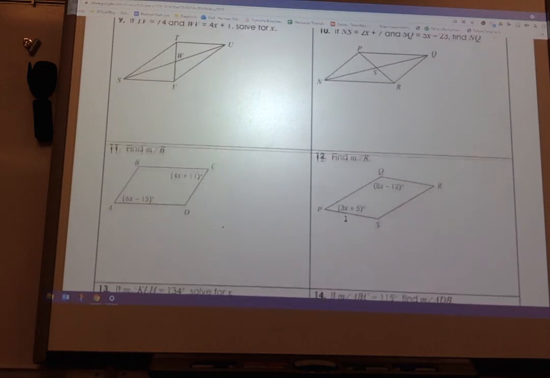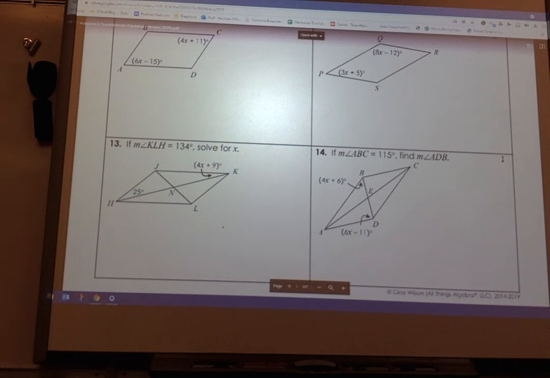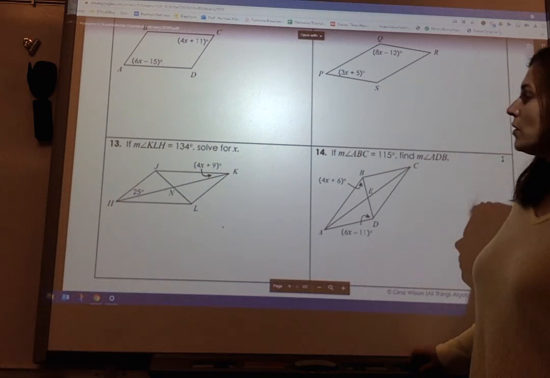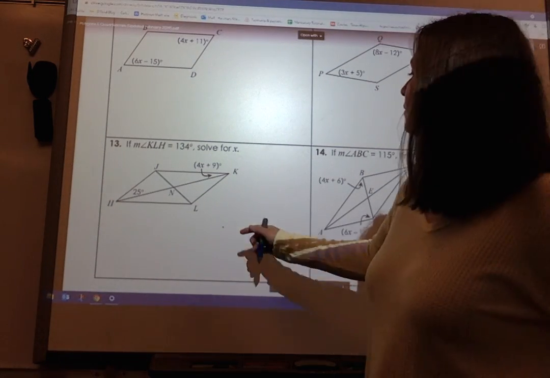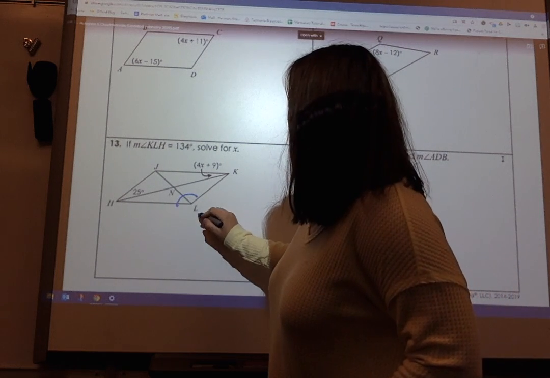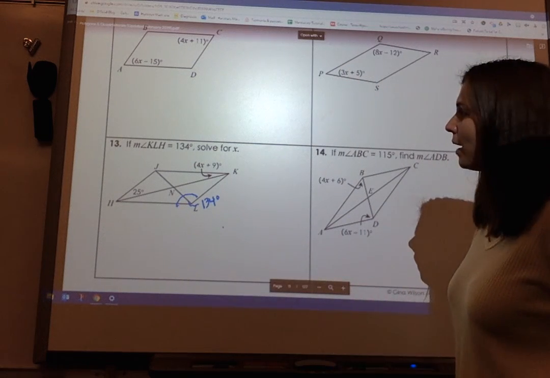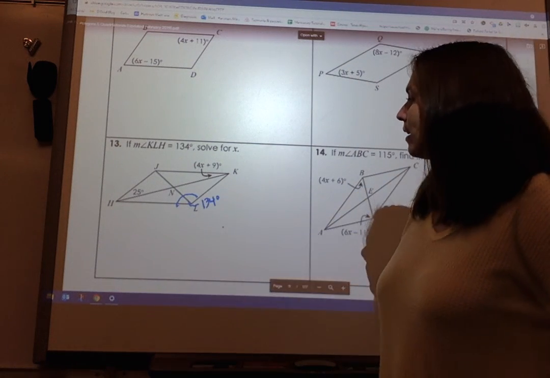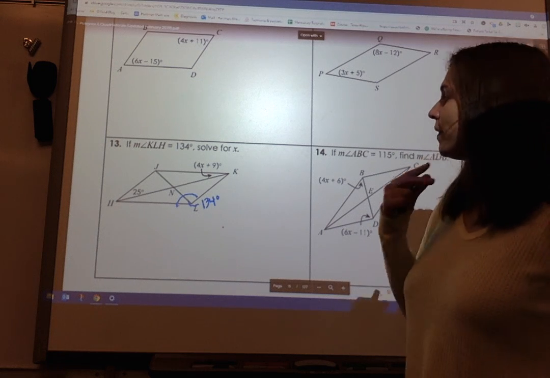And then, of course, when you bring some algebra into it, you're just setting your equations up. So let's take a look at number 13. If KLH, if this whole angle is 134 degrees, okay, and I want to solve for x, well, what do we have to know here? There's a couple of things.